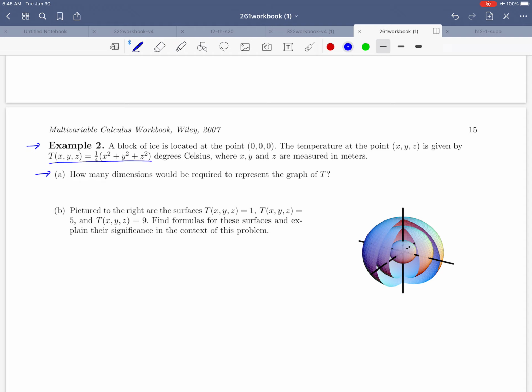You might be tempted to say 3 because you see x, y, and z, that's 3 variables.